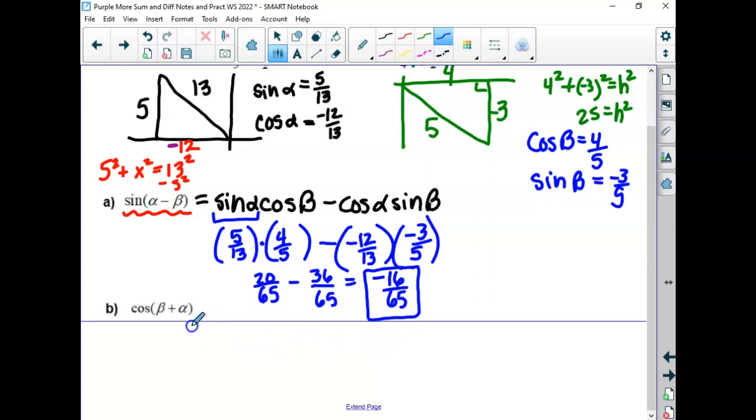On the same space on your worksheet, it asks us to do one more using these same triangles. It says cosine beta minus alpha. Can anybody give me that one off the sheet? Okay, I'm going to use the order that they have them here as beta and alpha, but it wouldn't matter if you switch them around.